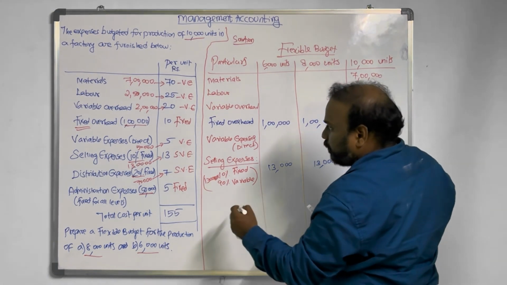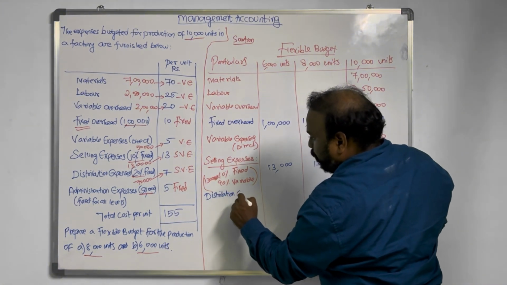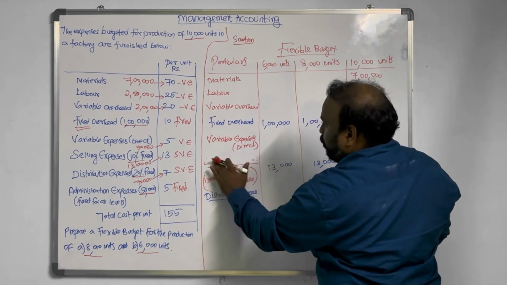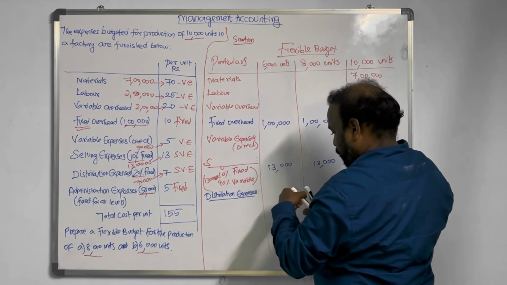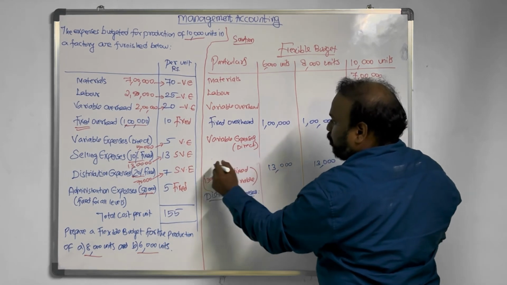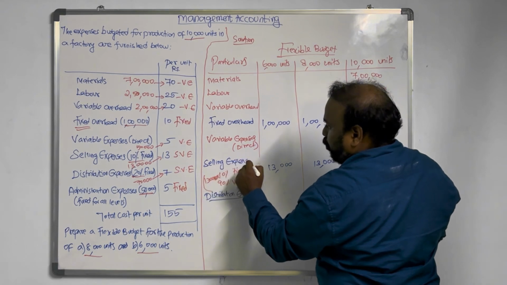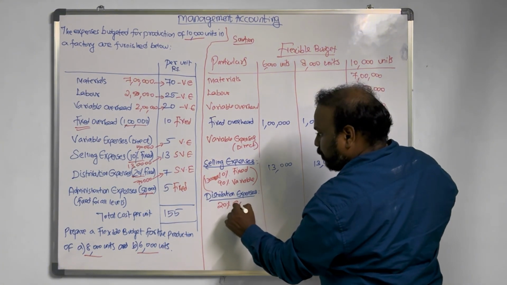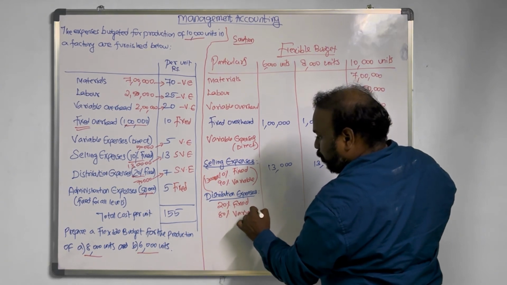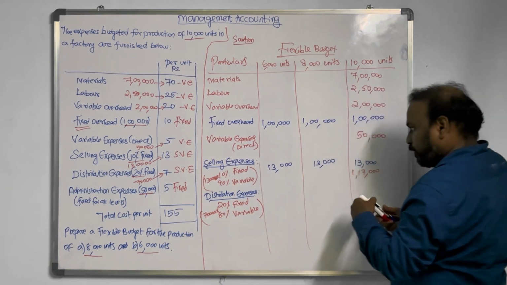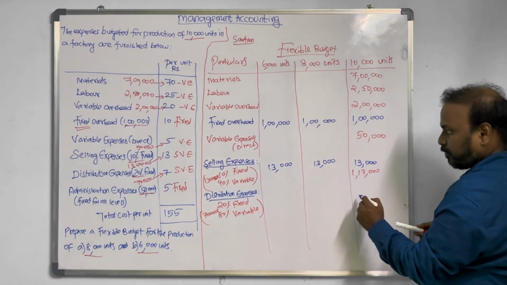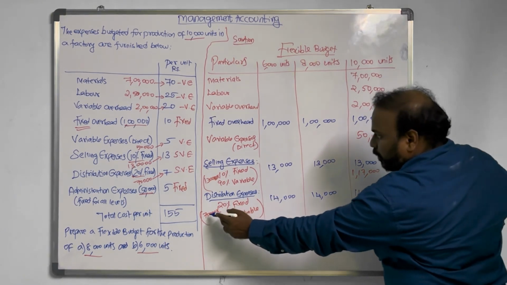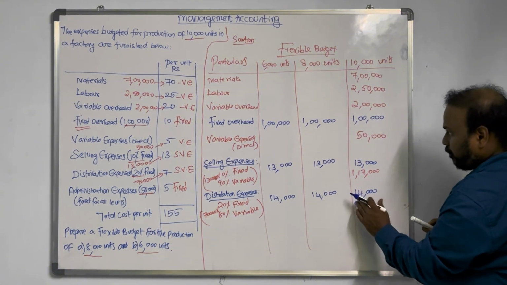Then likewise the next one, distribution expenses. 20% is fixed, then the remaining 80% is variable. 70,000 into that, you will be getting 14,000 is fixed, then the remaining 56,000 is variable.